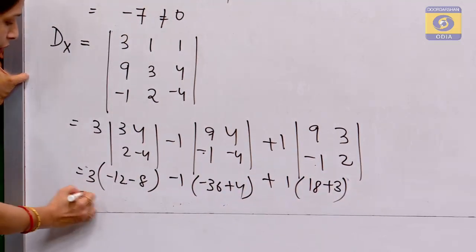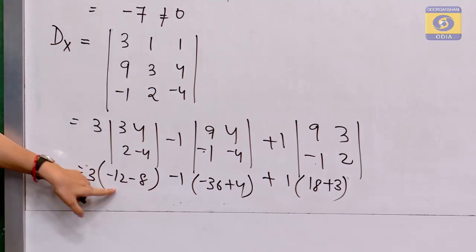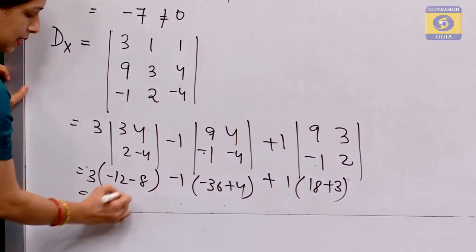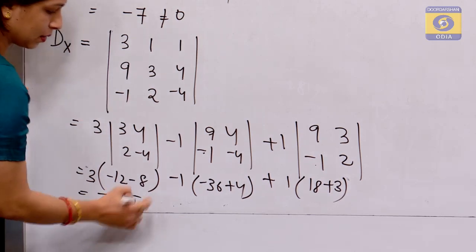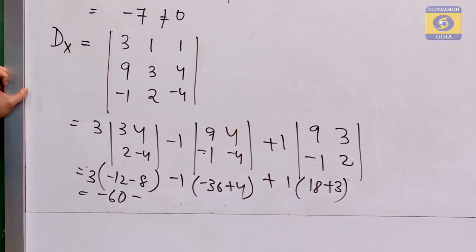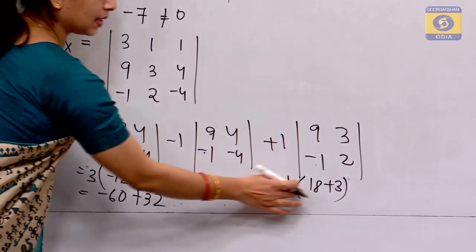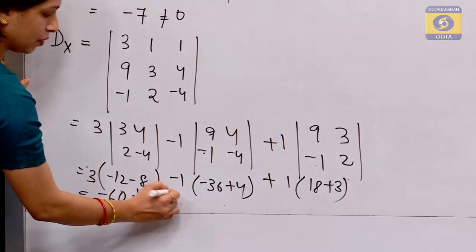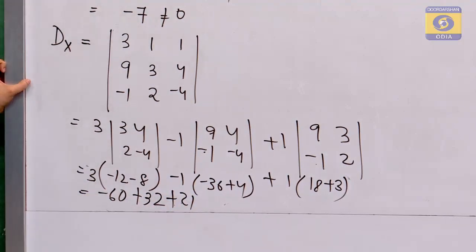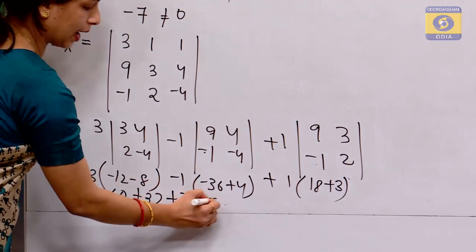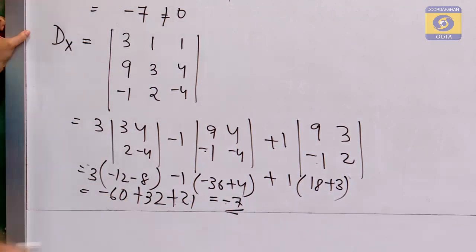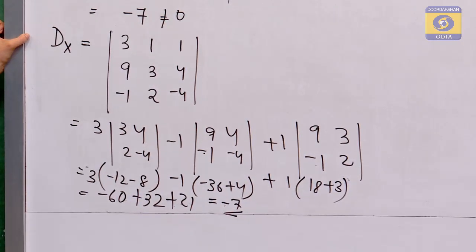So, here we get 3 into minus 20, so minus 60, plus 32, and this is 18 plus 3, this is 21. So, the answer is again minus 7. So, the dx value is also minus 7.